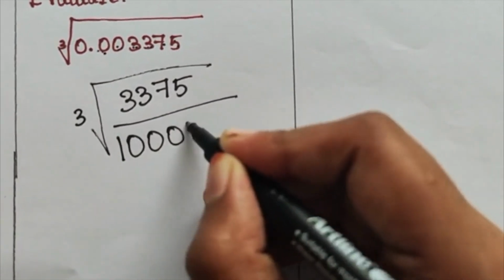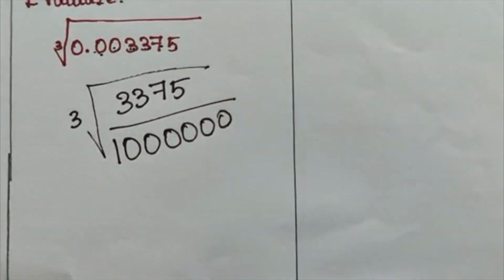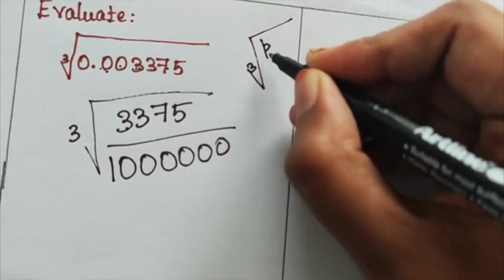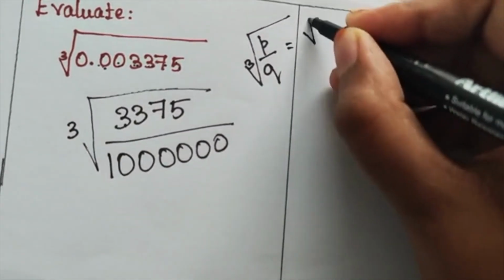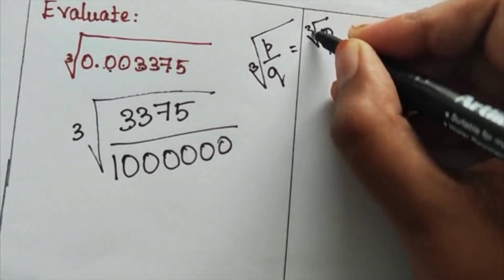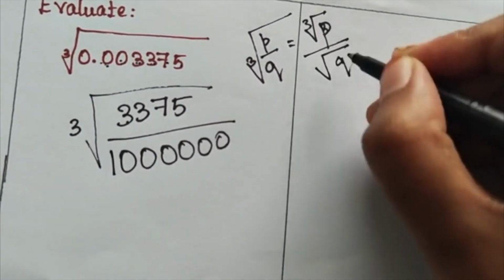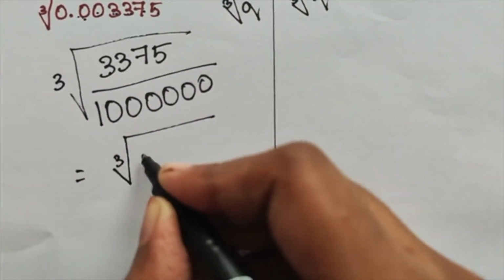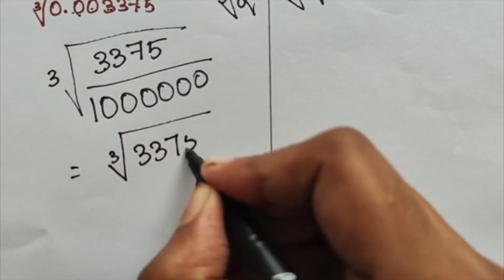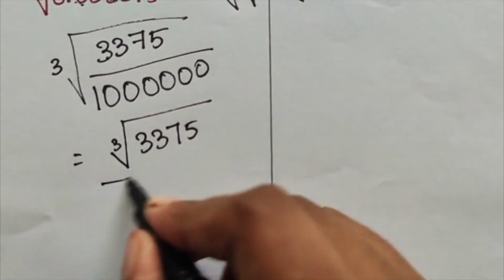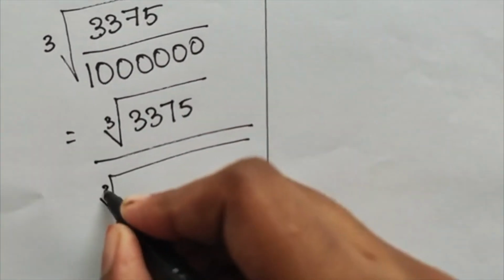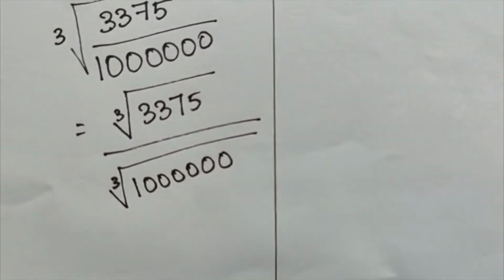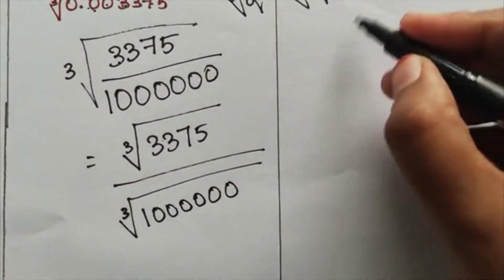Let's find. We know that cube root of P by Q can be written as cube root of P by cube root of Q. So this can be written as cube root of 3375 by cube root of 1000000.